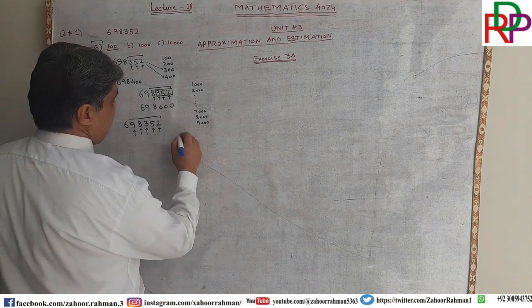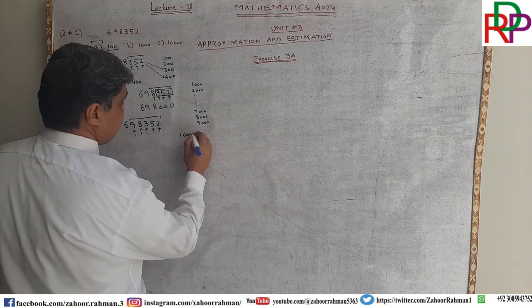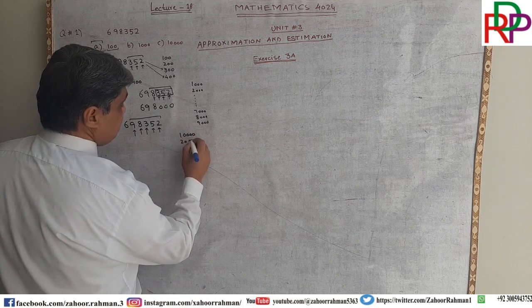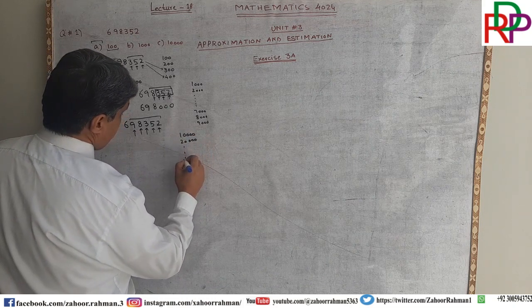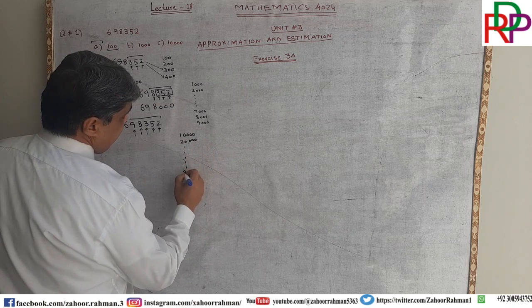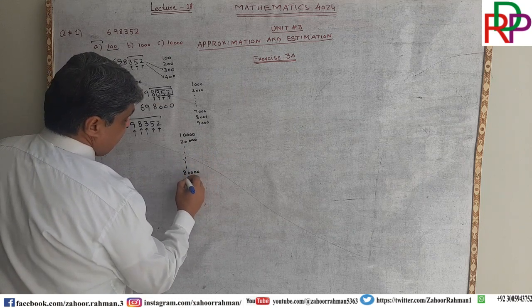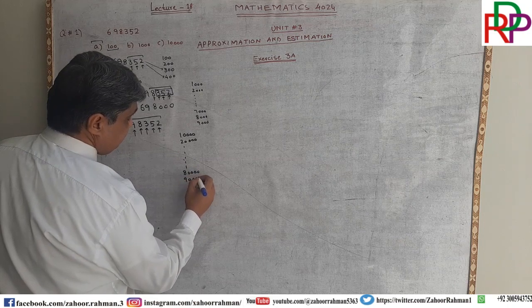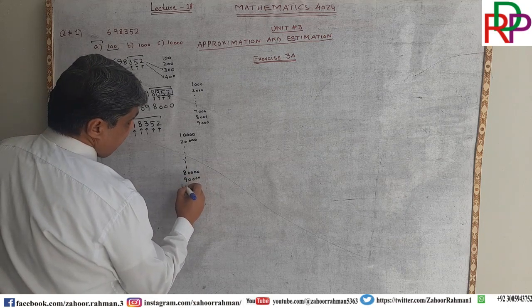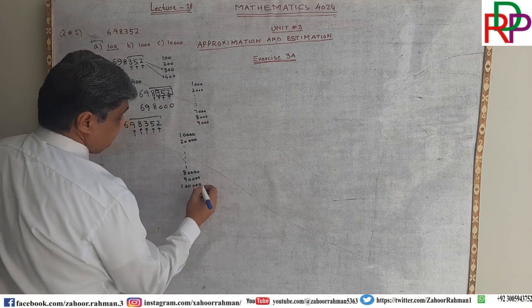And we have to write 10,000, 20,000, and so on, 80,000, 90,000, and 100,000.